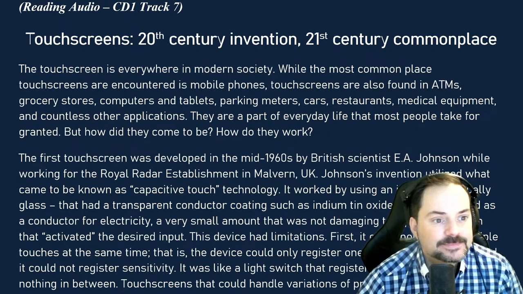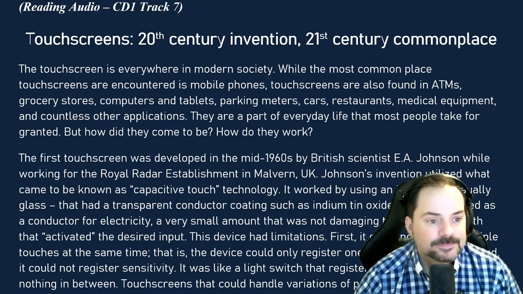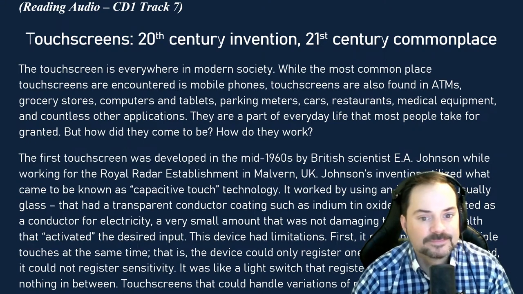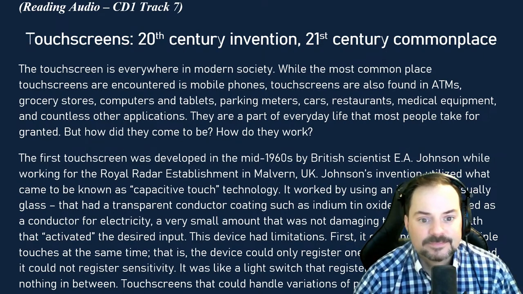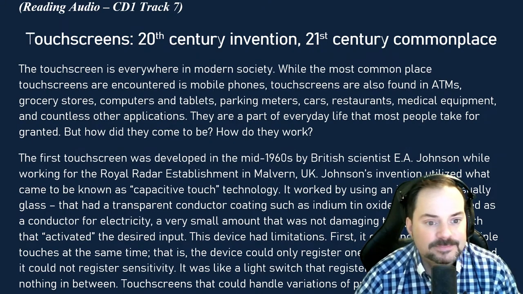Touch screens, 20th century invention, 21st century commonplace. The touch screen is everywhere in modern society. While the most commonplace touch screens are encountered in mobile phones, touch screens are also found in ATMs, grocery stores, computers, and tablets, parking meters, cars, restaurants, medical equipment, and countless other applications.